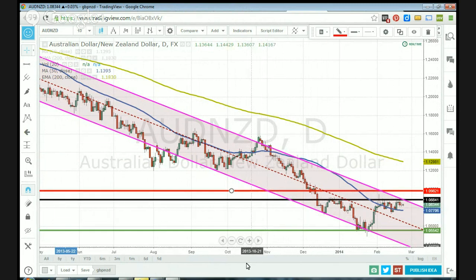Okay, so I'm just adjusting my Aussie Kiwi order here. Move it down a little bit. So we're going to sell at 108.84. So that's basically moved it 20 pips down.